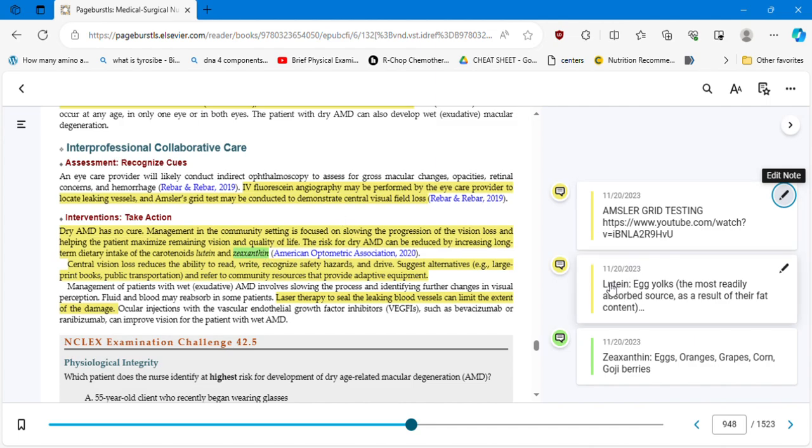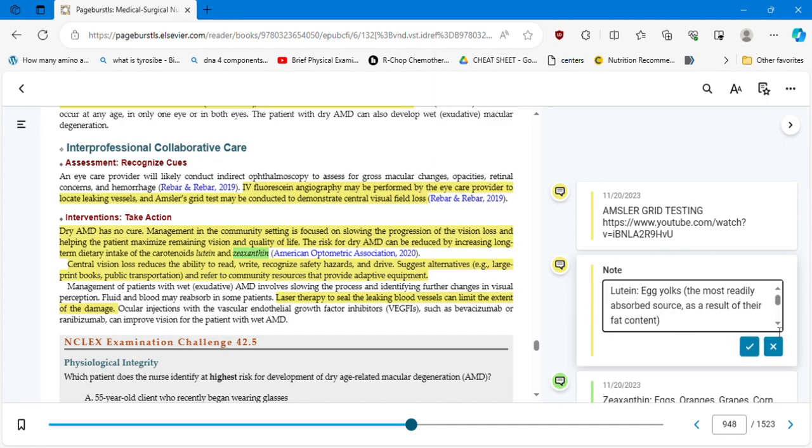so lutein, look at this number of foods that contain this lutein, this ingredient. You have your egg yolks, the most readily absorbed source because of the fat content. You have basil, parsley, your dark leafy greens, vegetables such as spinach, kale, broccoli, lettuce.